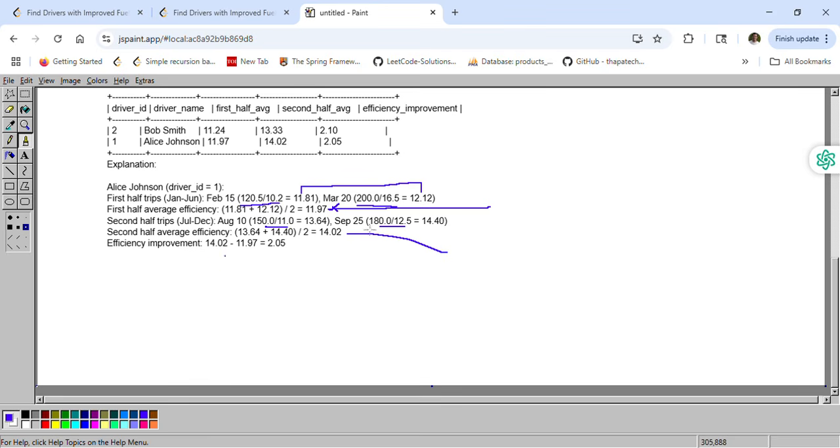Once you get both these numbers for first half and second half, you do second half minus first half, and it should come greater than 0. Only then has the efficiency improved. If it is greater than 0, then only there will be improvement.